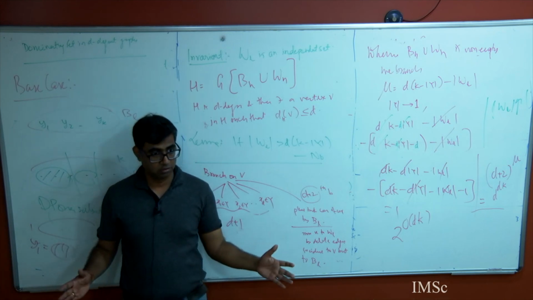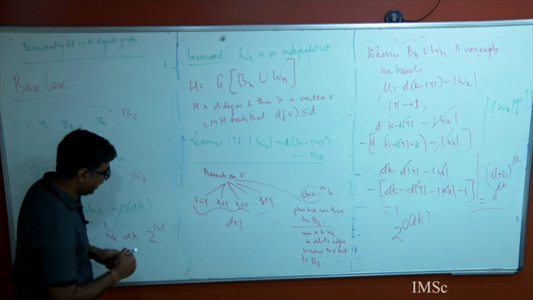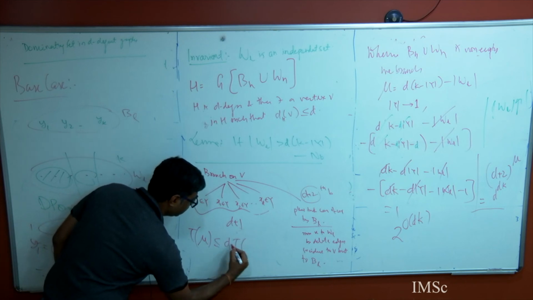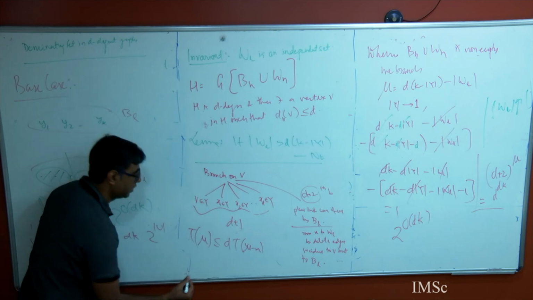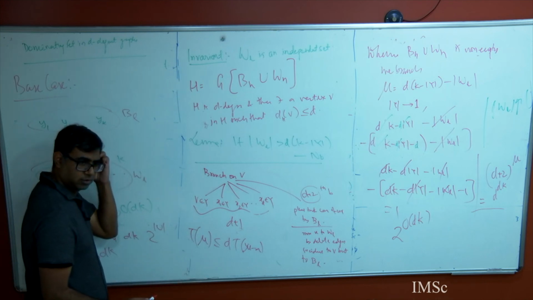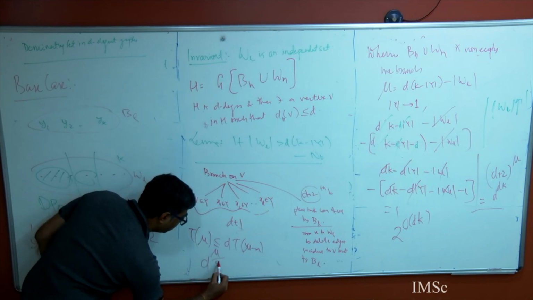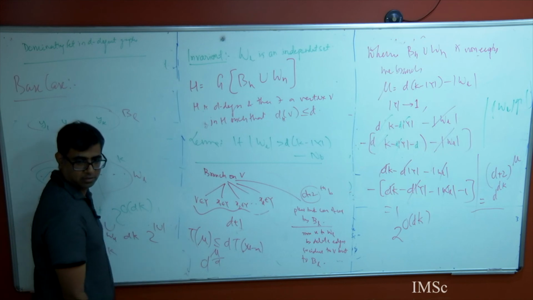That's a lot, right? So for example, forget this. If I had T(mu) = d times T(mu minus d), then this recurrence will be d to the power mu over d, roughly. This is what it will be.